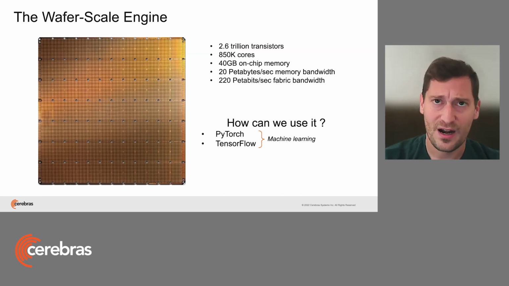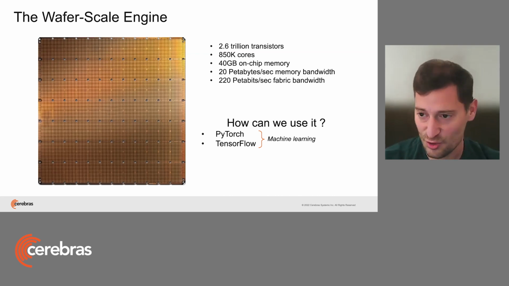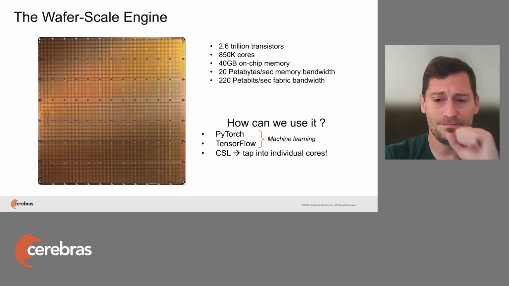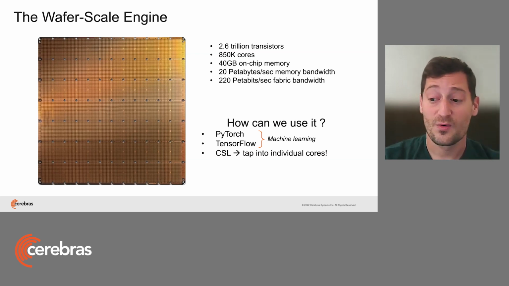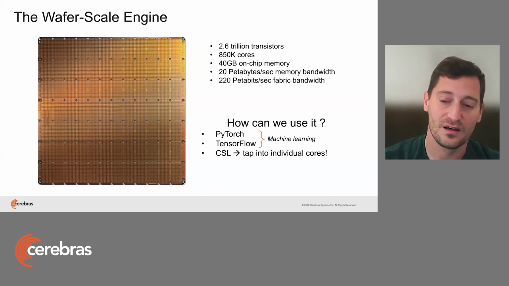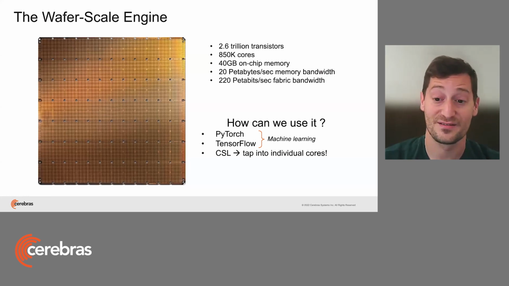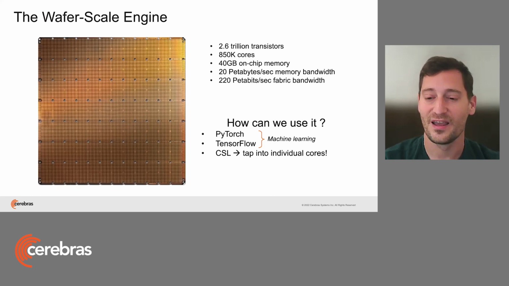But these frameworks are high level and they abstract away from the individual cores of the wafer. With CSL, you can really tap into the individual cores, and really the fabric now becomes a blank canvas for us, and we can let our imagination go wild, if you will.